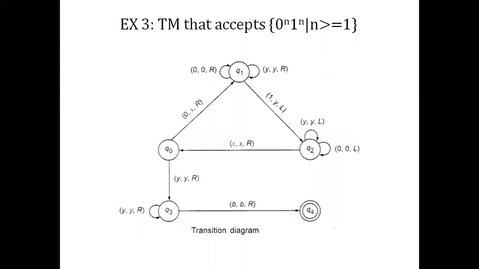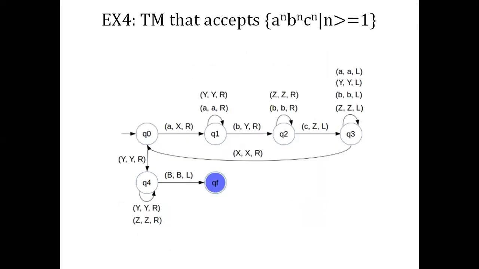We can push all the zeros onto the stack as we are reading zeros, and whenever the machine reads the first 1, it can start popping out the zeros and check the count of zeros and ones. The same problem can be solved with a Turing machine also. That's why I said this is a classic example which can be compared.